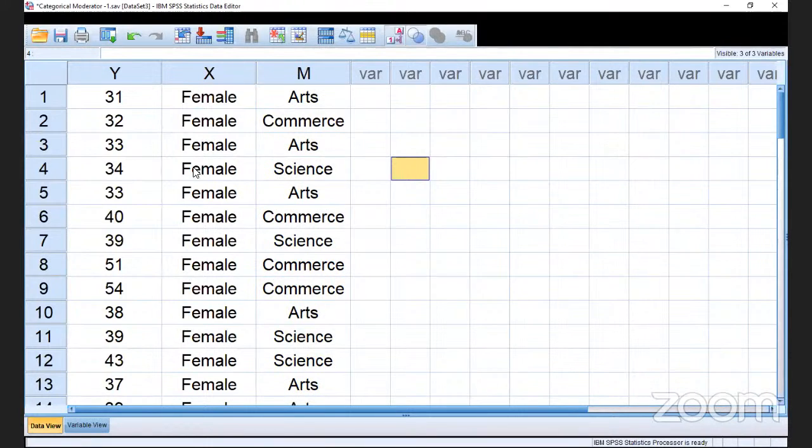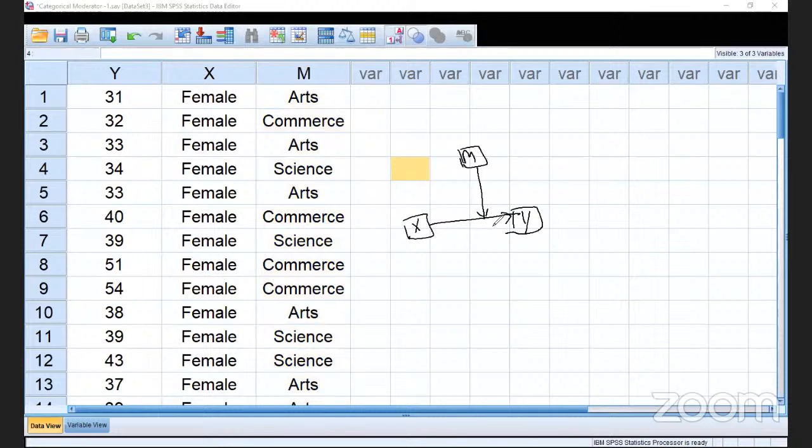So it's a case where all the variables, two variables here, are categorical. This is my dependent variable, this one is the X independent variable, and this is the moderator variable. We want to check whether the interaction is working or not.